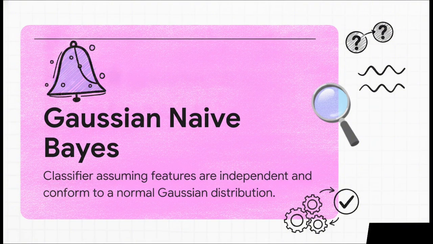First off, it's naive because it assumes every single feature, like, say, the level of carbon monoxide versus the level of ozone, is completely independent of the others. And second, it's Gaussian because it forces the data into a standard bell curve, a normal distribution. While these assumptions definitely oversimplify the messy real world, they actually make the algorithm incredibly fast, highly computationally efficient, and generally very accurate for continuous data.